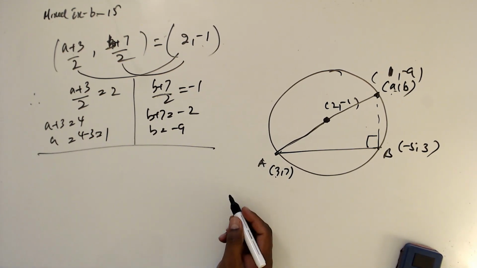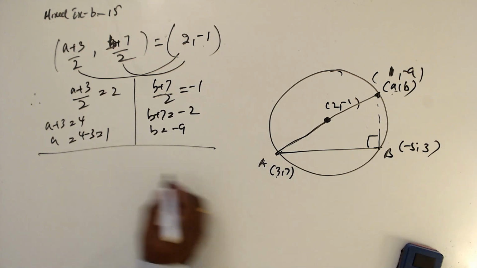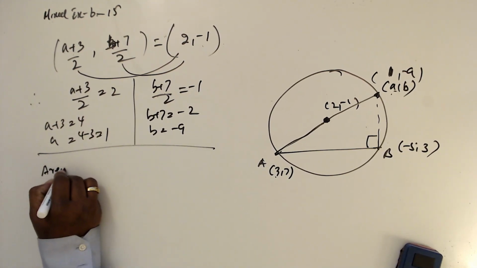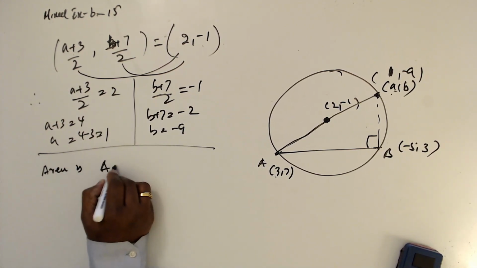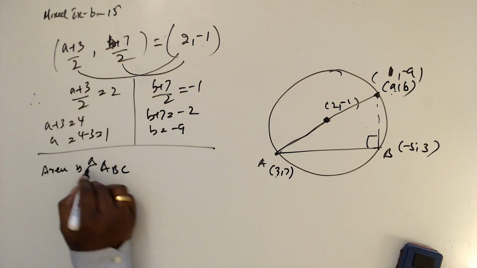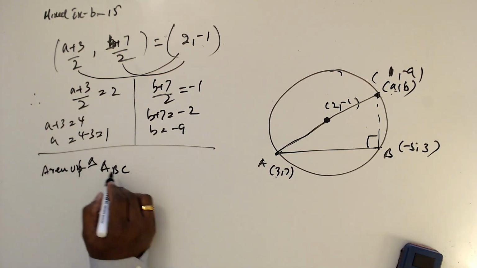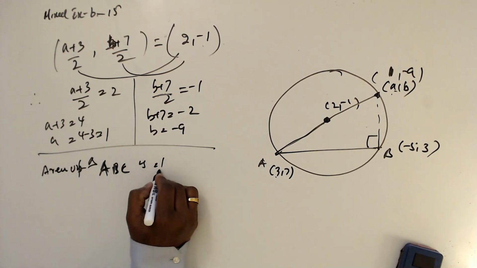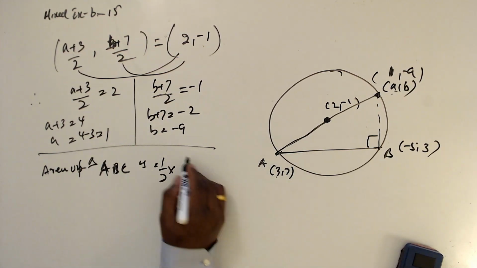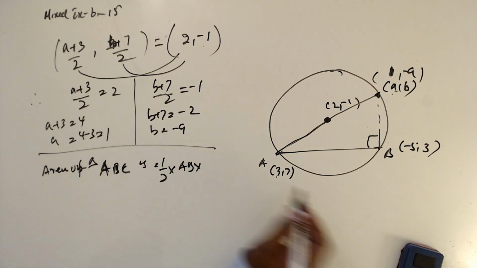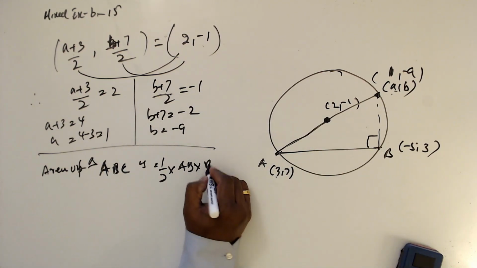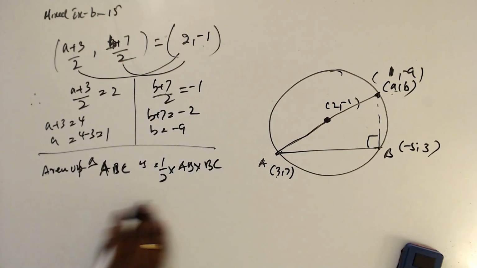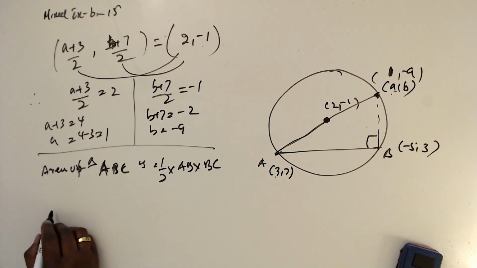Hence the area of triangle ABC is half base times height, AB times BC. Now we want to find what AB and BC are.